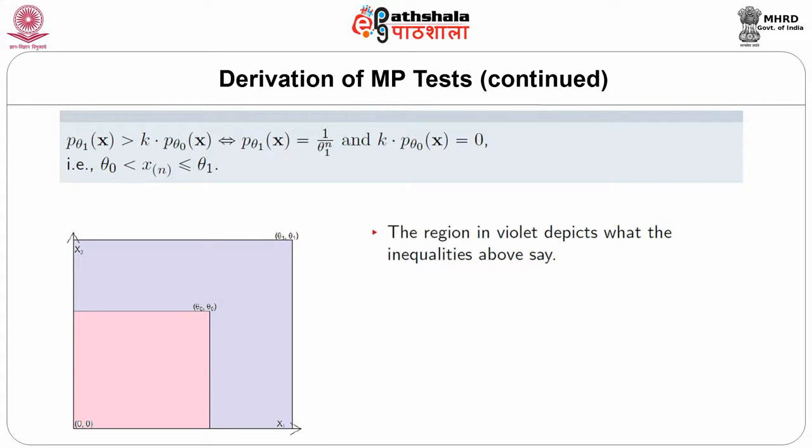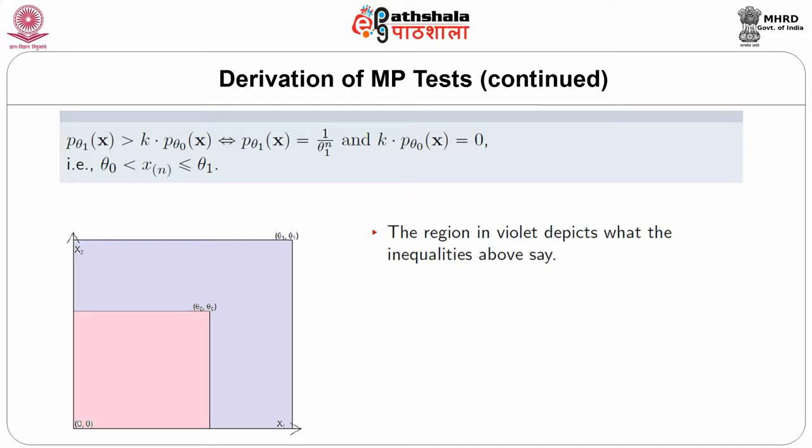The region in violet, you see, is the region where X_(n) lies between theta0 and theta1, and the pink region is the region under theta = theta0.